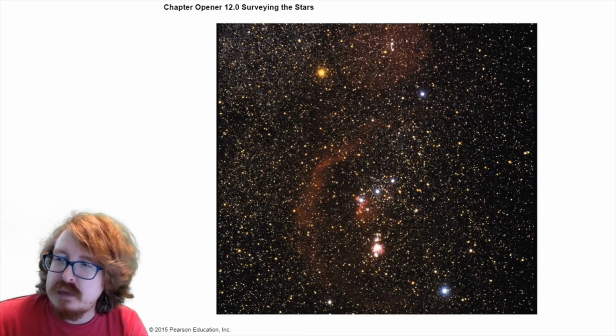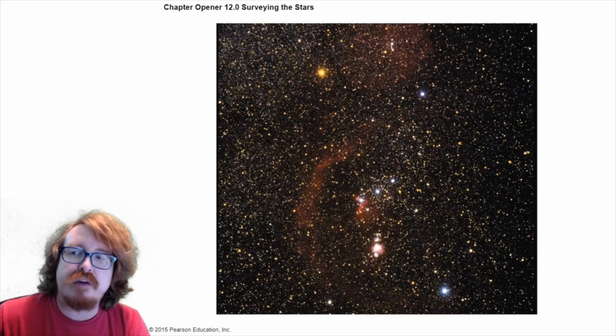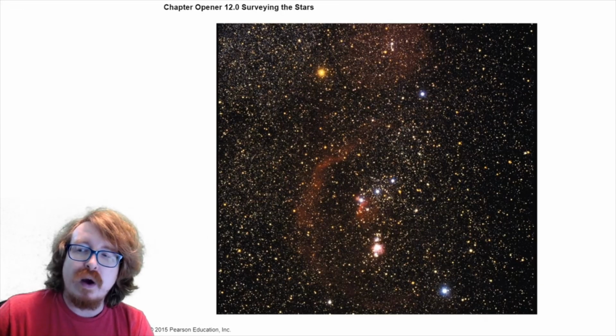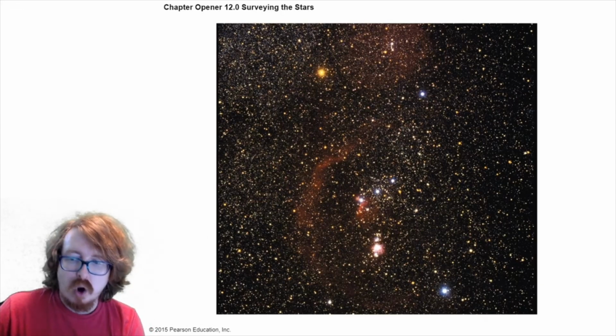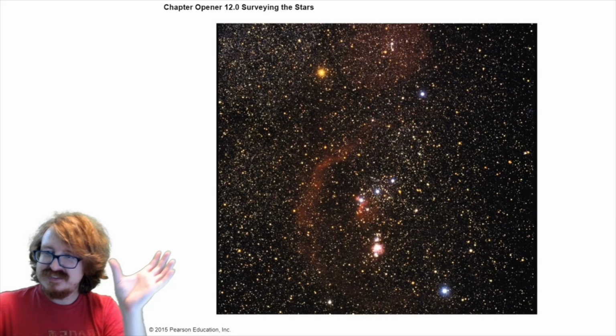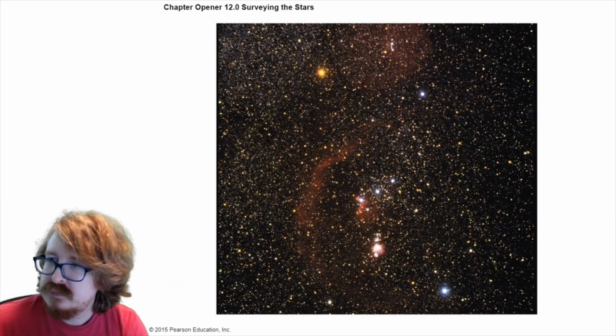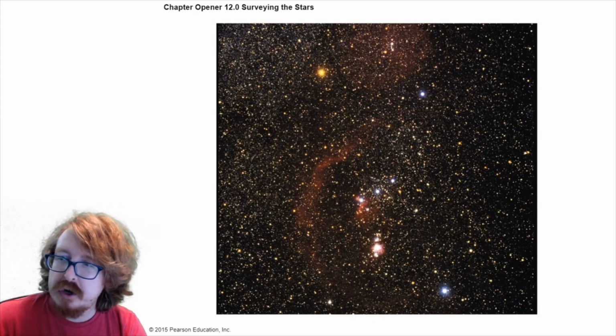So that means that the parallax method is only going to work for what kind of stars? What kind of stars does the parallax method work for? Only stars that are something. Close. Only stars that are close.